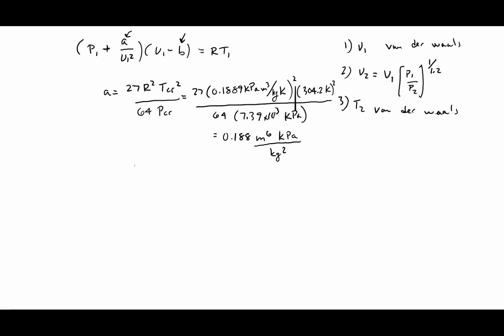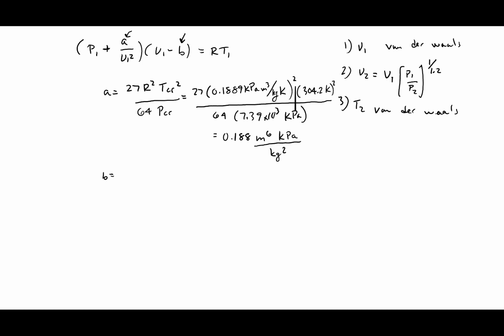So B is equal to the gas constant multiplied by the critical temperature over 8 multiplied by the critical pressure.